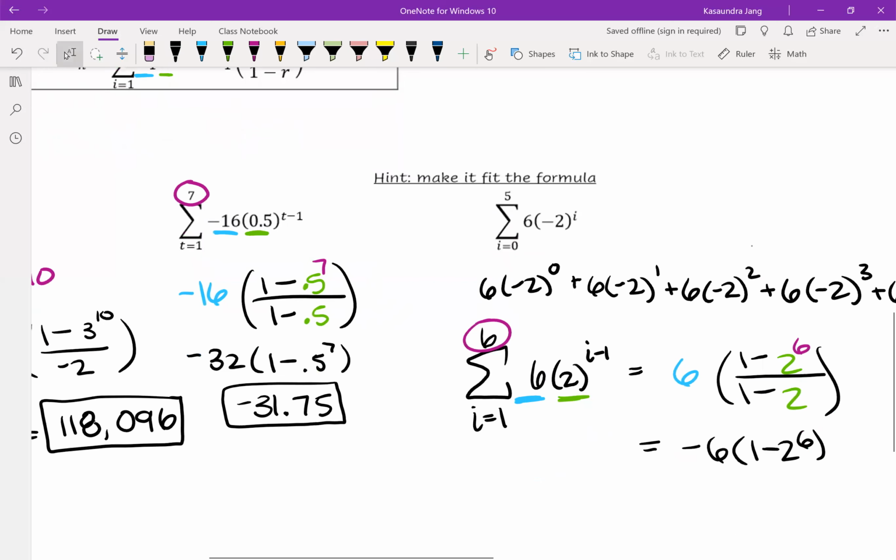So let's see. In my calculator, negative 6 times 1 minus 2 to the 6th. That ended up with a positive 378. Okay. All right, just make it fit the formula. All right, there we go.